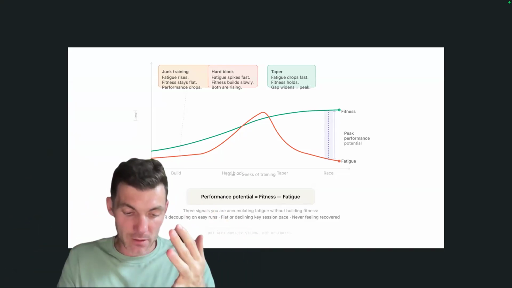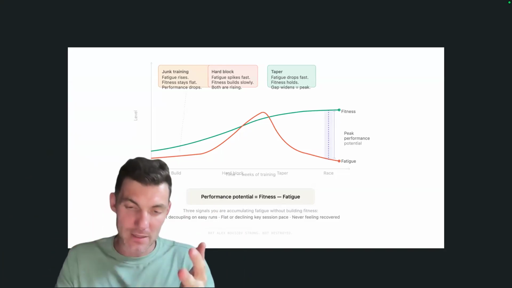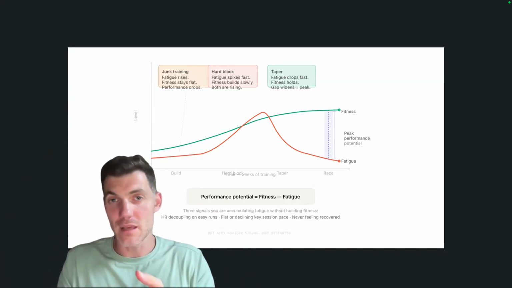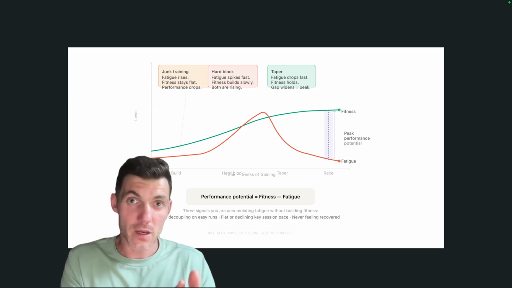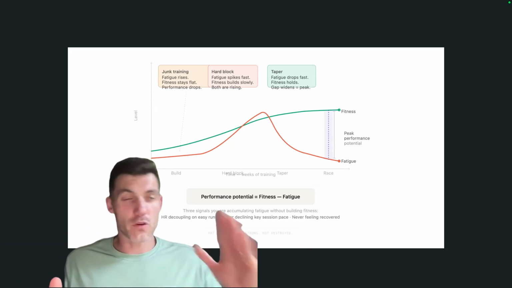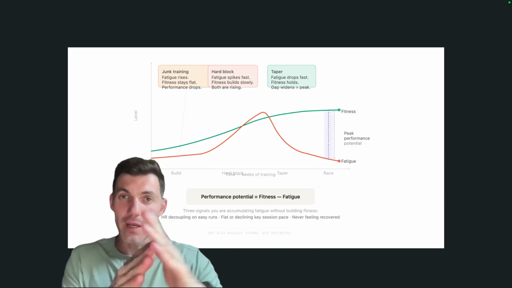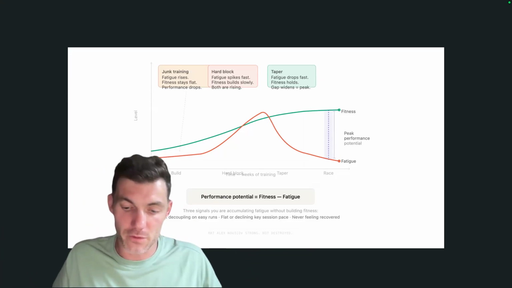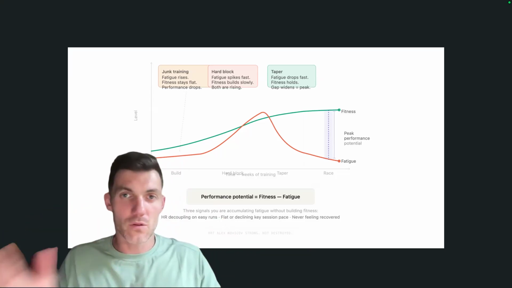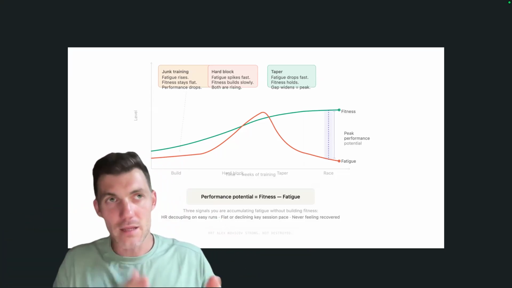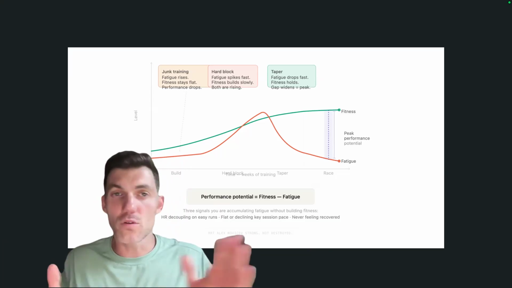Don't increase speed, intensity and distance in the same week. You'll get yourself injured. You have to choose either intensity this week or distance, because if you increase distance and intensity in the same week, that's basically a recipe for a beautiful injury. So it's either intensity or distance. Don't do both at the same time.